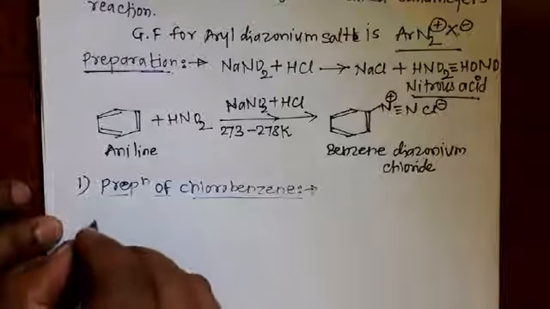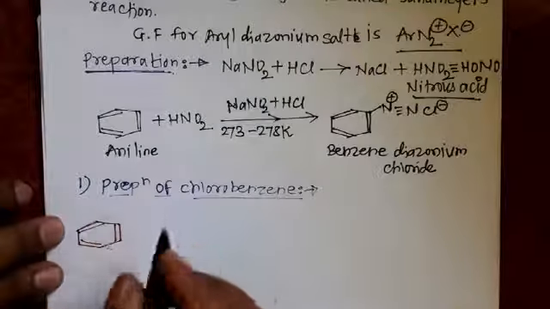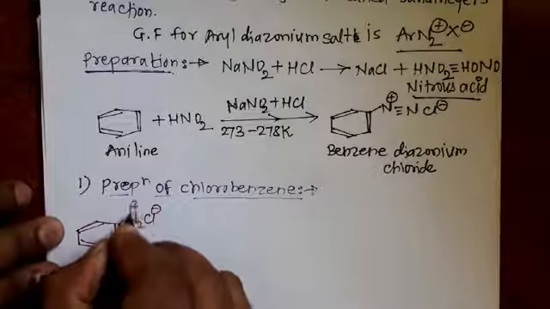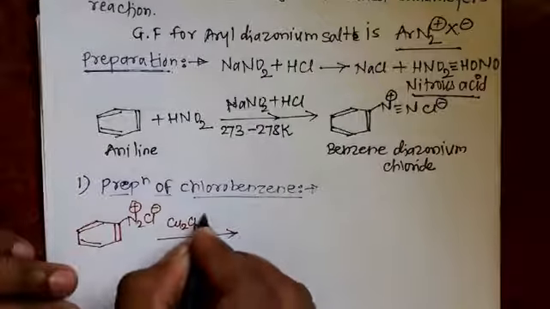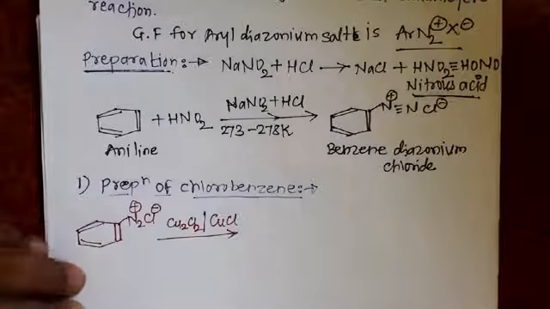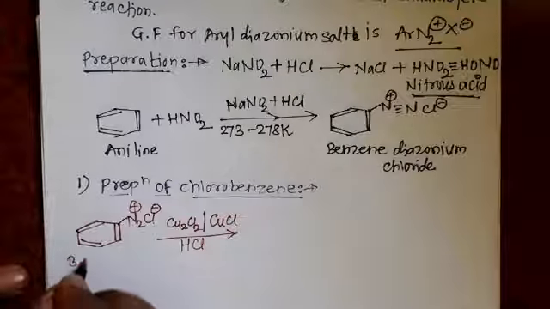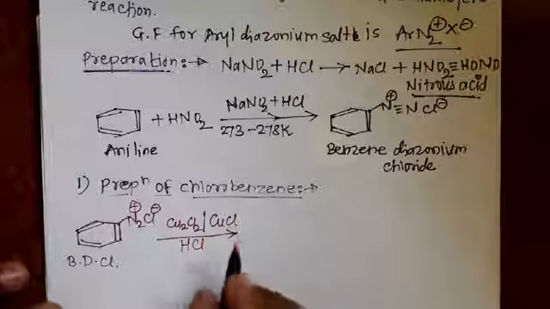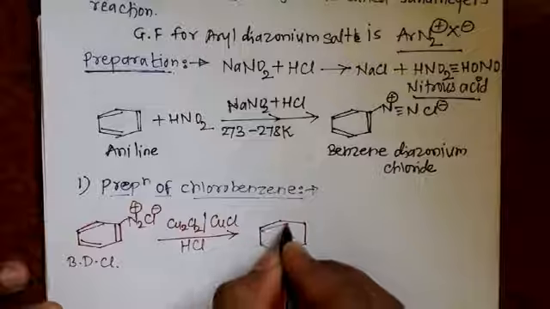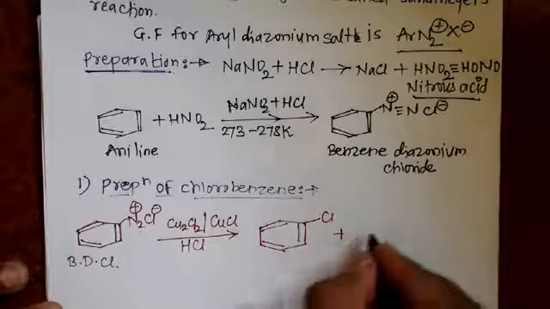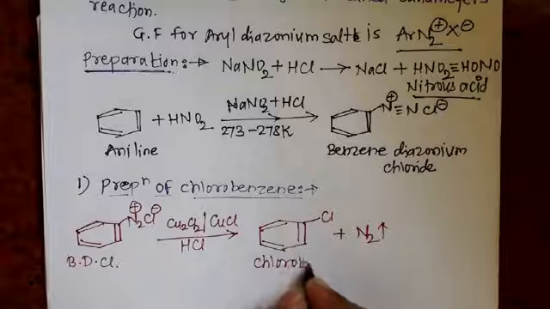This benzene diazonium chloride, when treated with cuprous chloride and HCl, gives chlorobenzene as the final product, and nitrogen gas is expelled from the reaction mixture.